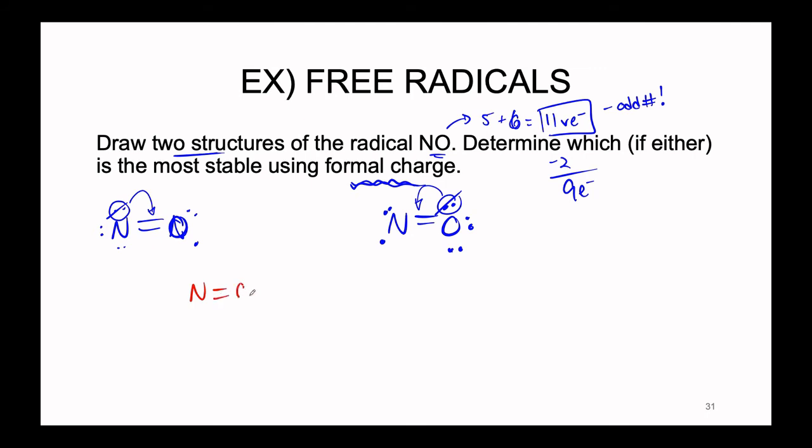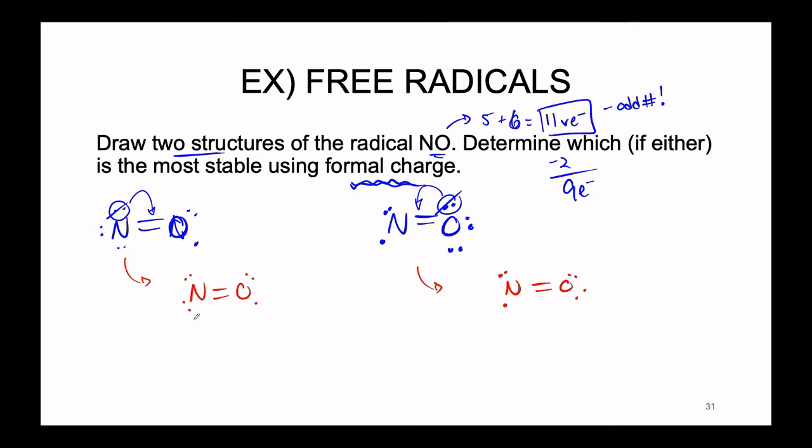One, with the free radical electron present on the oxygen and the nitrogen being satisfied. I'm just cleaning up the structures here. And the other, where the free radical is on the nitrogen and it's the oxygen that's perfectly satisfied. So let's determine what the formal charges are to really double check which of these 2 options is going to be the best option for the molecule.